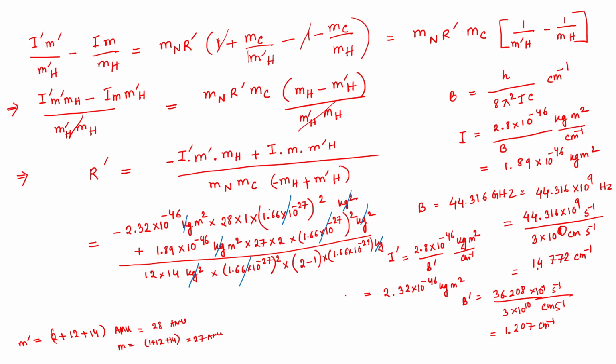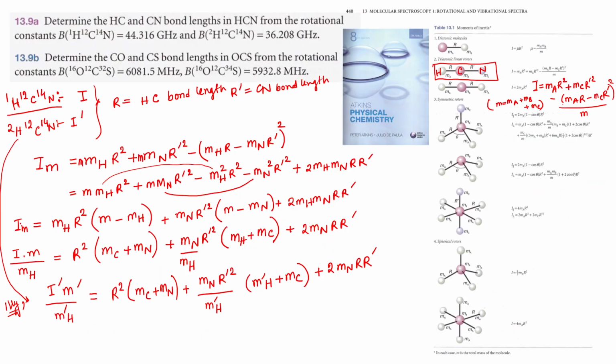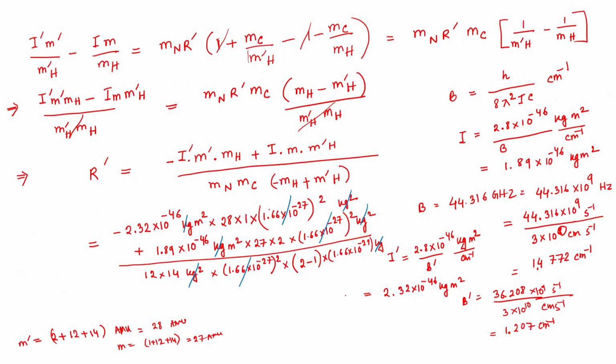r dash. Why is it coming in meter square? Did I make any mistake in some part? Yes, I have. This is mN r dash square. I have mistakenly written it, so this is square, right?